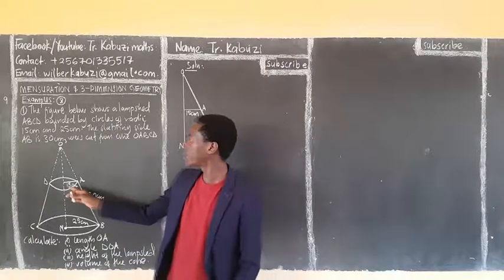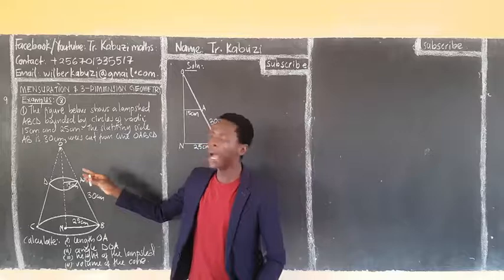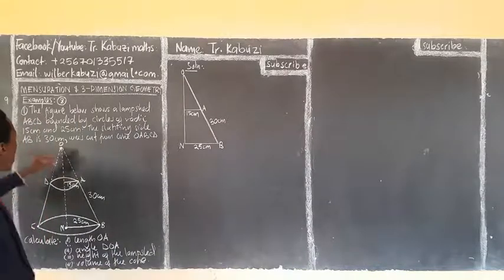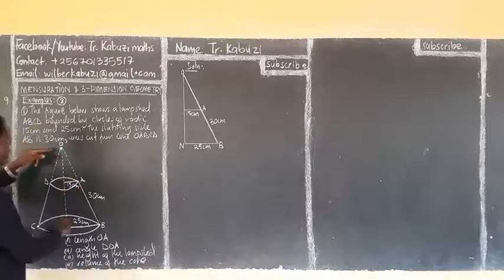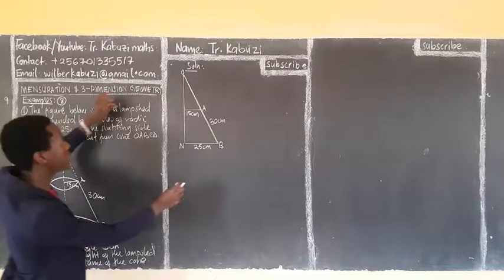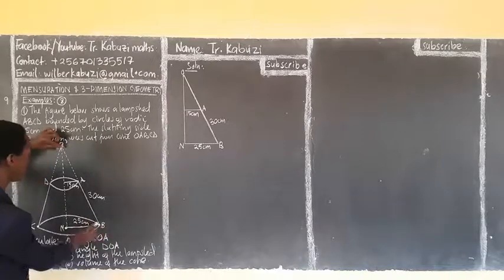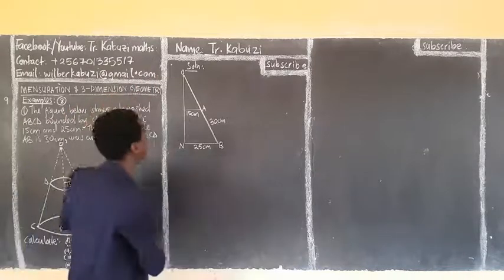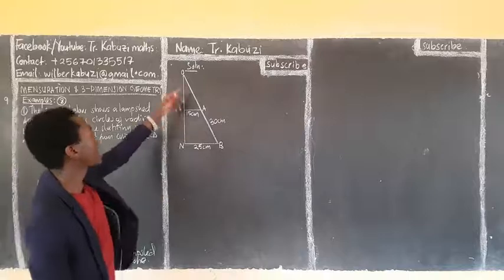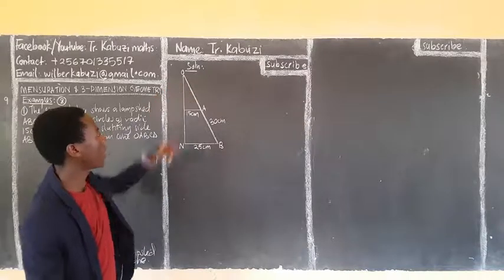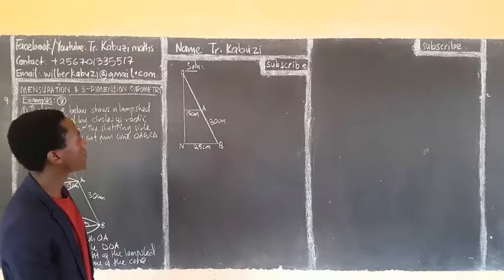Now, you see that this cone here, if I want to get this, we are going to use similarity. If I pick out this triangle here and I put it here, that's the shape I'm going to be having. Now I can easily get this slanting side OA. How are you going to get OA?